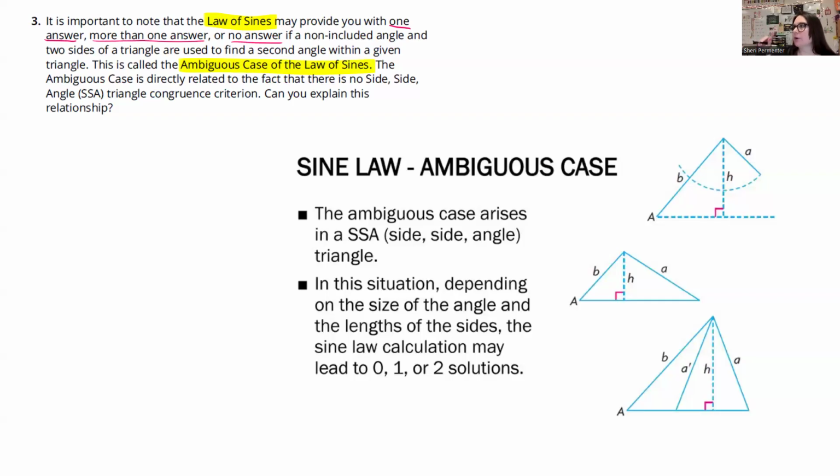You may remember back in geometry when your teacher said you can't use side-side-angle to prove triangles congruent. I'm not going to write it like that. I'm going to write it like this because this is how we remember. The ASS triangle creates problems.